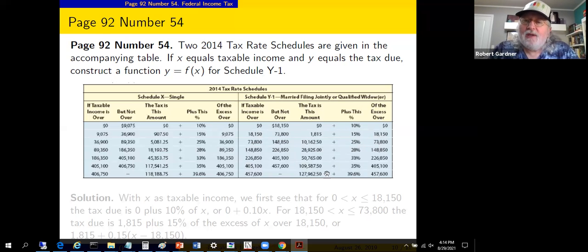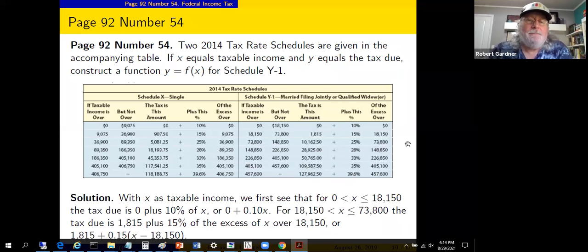Clear as mud. Actually, we'll make it a piecewise defined function, and the piecewise defined function is a lot easier to use in the chart. Okay, so let X be taxable income.